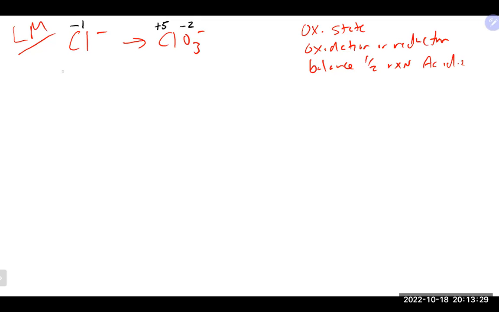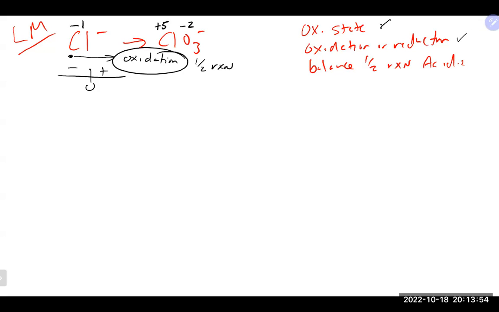It is oxidation. Once again, if you follow that, it is starting at -1, ending at +5, becoming more positive. So you need to identify that this is an oxidation half reaction as part of what you need to do on that question. So make sure you give the oxidation states, and make sure that you identify it as either the oxidation or reduction half reaction.